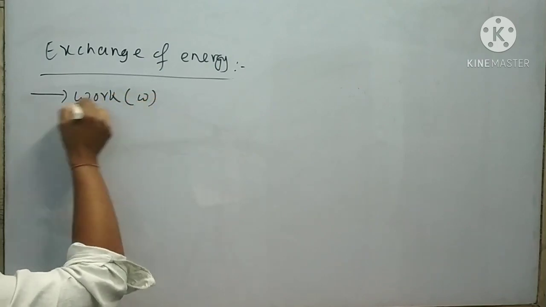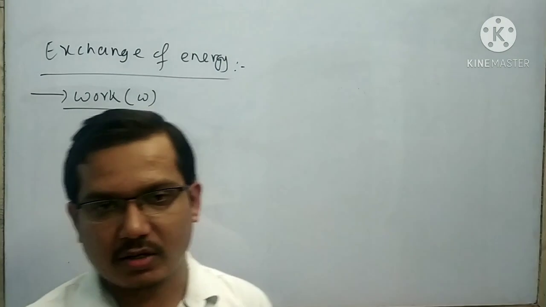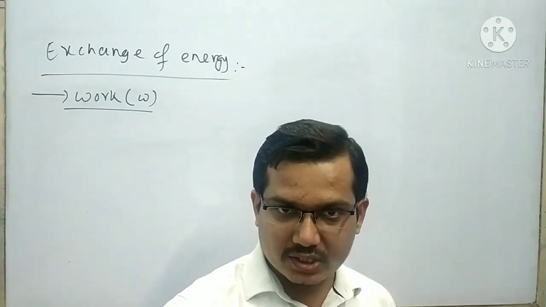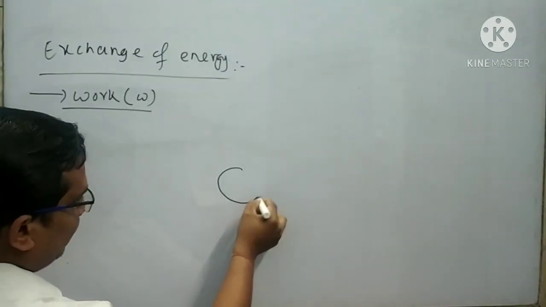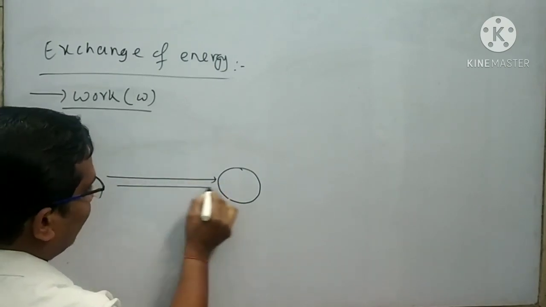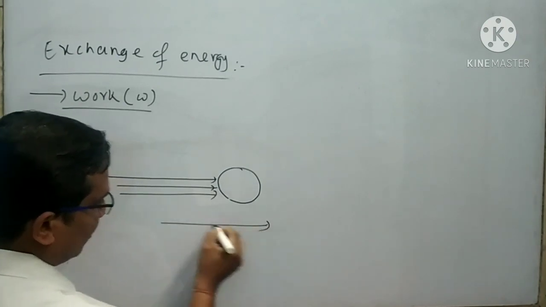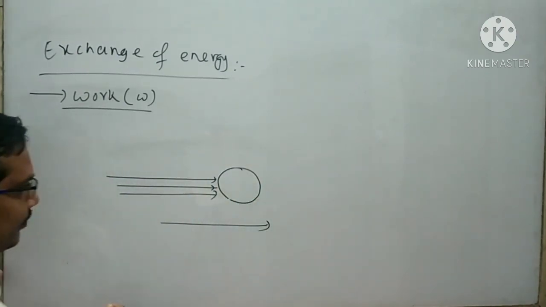It is denoted by W. What is the meaning of work? Work is said to be done when a body is displaced by the application of force in the direction of force. That means suppose a body is present here. Suppose some amount of force acts on this body in this direction, from left to right.